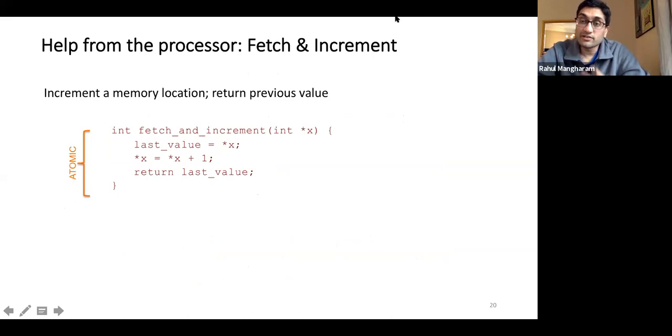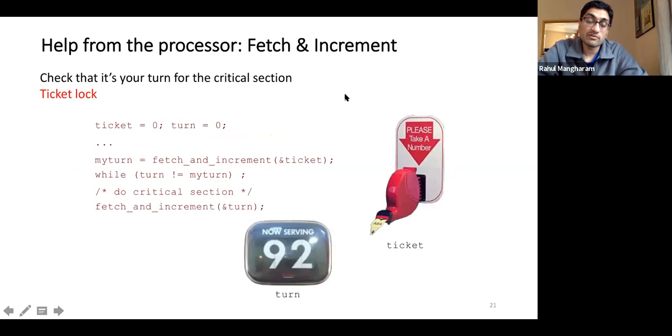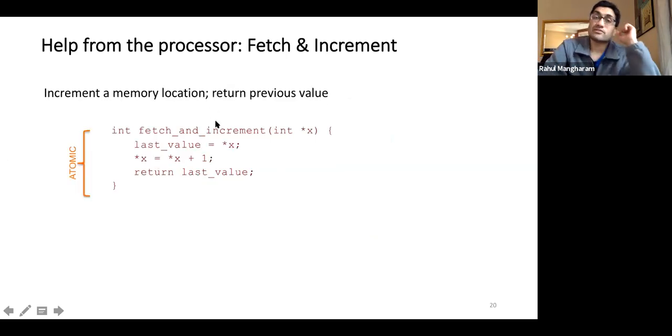So great, the compiler is supporting this, the processor has these instructions. What's the problem then? Why are we still complaining? Problem solved. So let's look at this. Fetch and increment. This is like you're waiting in a queue, like the queue outside Trader Joe's.